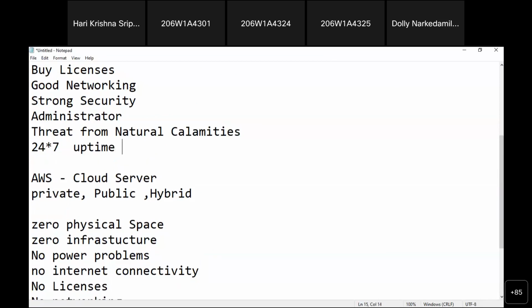That means your server needs to be available all the time. Even at 1 o'clock at night, if the client wants to access your data, the server needs to be willing to send the data on time. That is very, very important when you are working with a server. So we need 24 by 7 uptime.